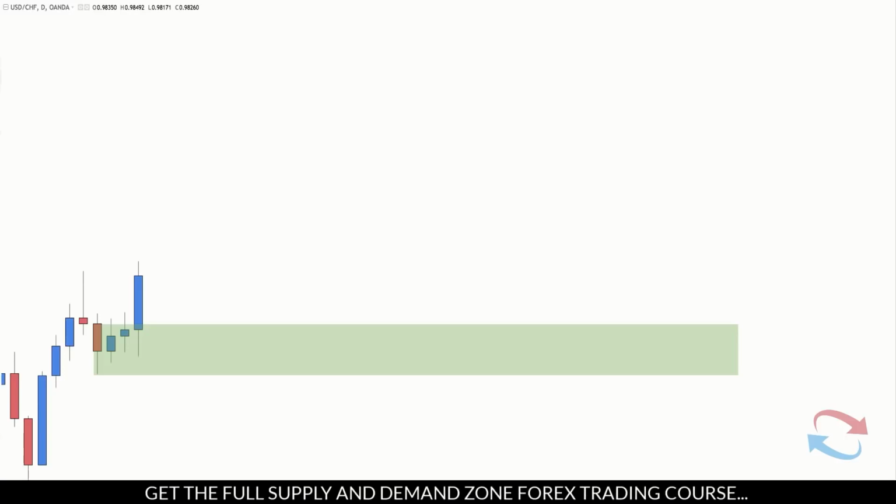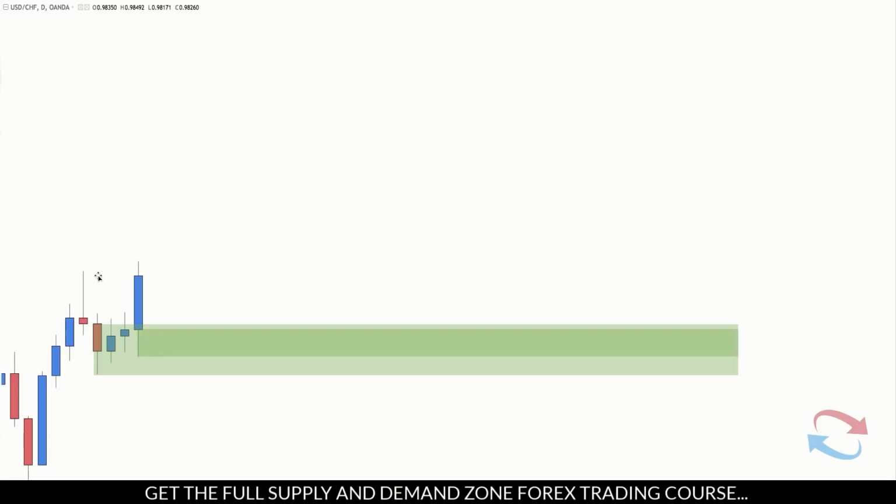So the last bearish candle in the sequence before prices make a new high is this one. So this is where we'll be drawing our demand zone from, the last bearish candle in the sequence before prices make a new high. And that's where we draw it.